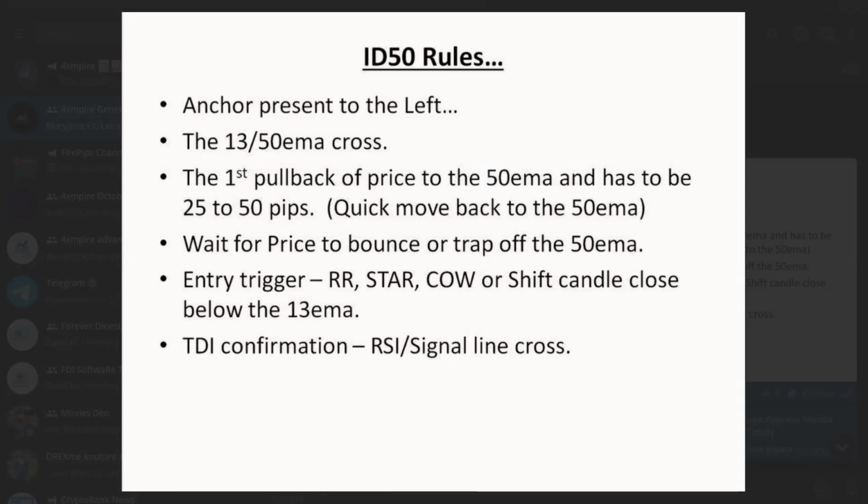Market maker method. So ID50 is known as intraday 50. That is what ID50 stands for.